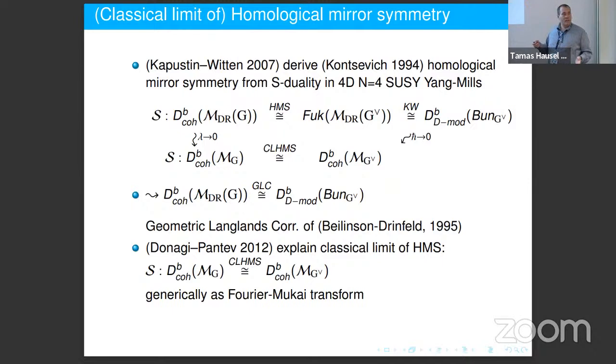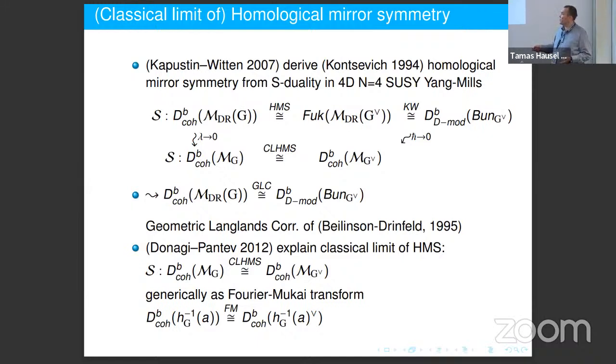So generically, they proposed that this duality should be given by the Fourier-Mukai transform, because the Fourier-Mukai transform gives us an equivalence of categories of coherent sheaves on an abelian variety, which is our generic fiber of the Hitchin map, and the dual abelian variety, which, as I mentioned, is nothing but the dual Hitchin fiber.